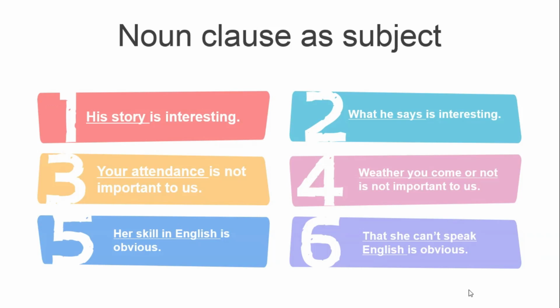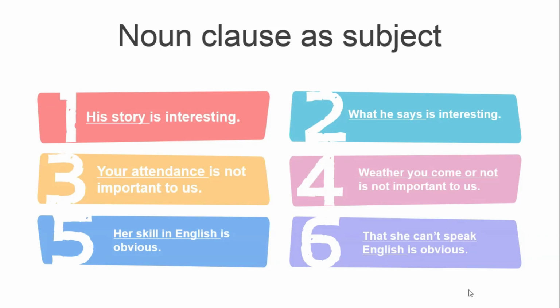So now let's see here. His story is interesting. That is the example. The subject is his story, and the verb is interesting. This is the subject of the verb, so the subject is a noun.